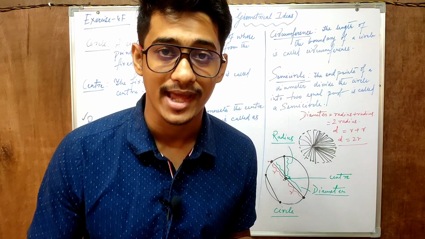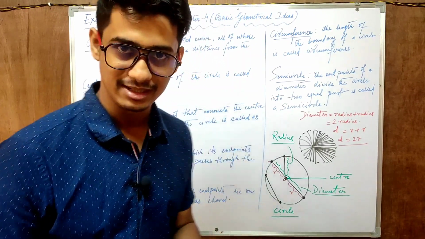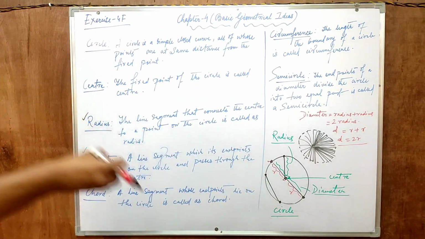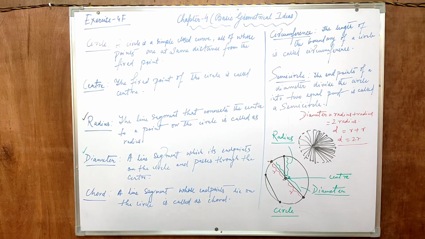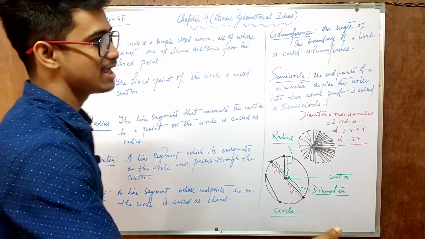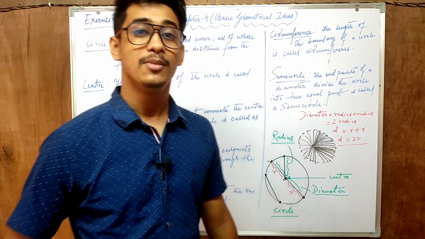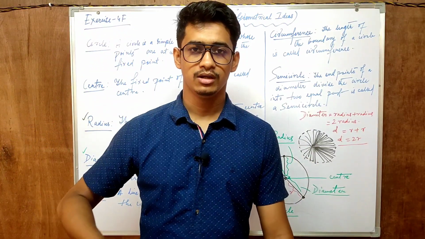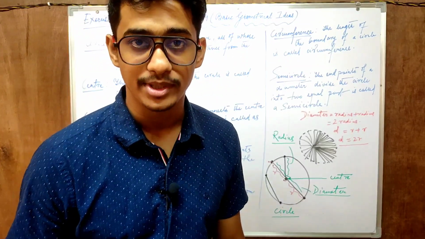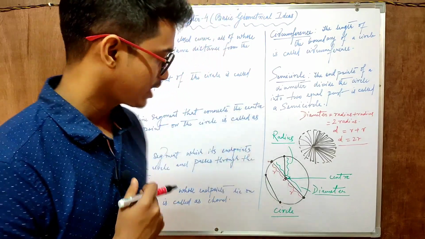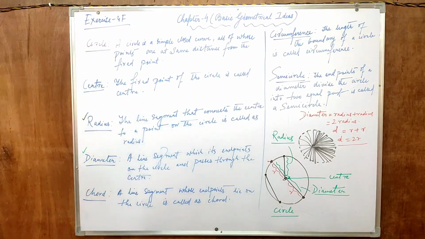Yes. Is a chord a diameter? No. Is it clear? So diameter is a chord, but we cannot say that a chord is a diameter. In all cases we cannot say that. But if someone asks you what is another name of diameter, it is a chord. No problem.